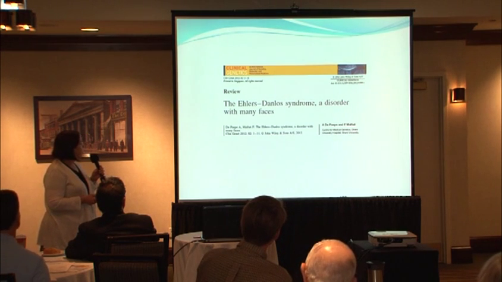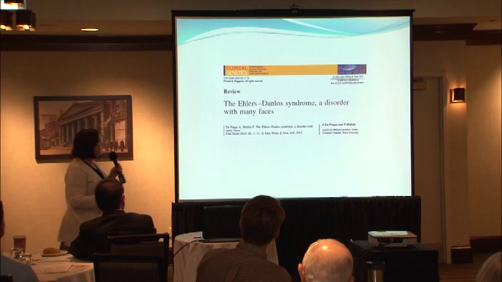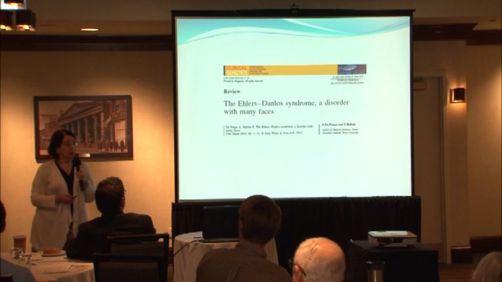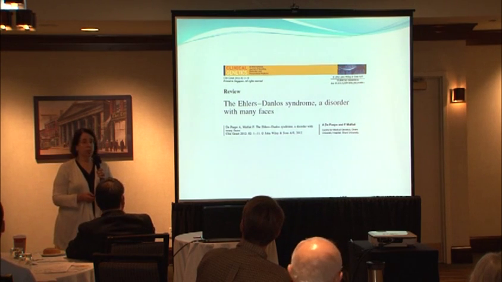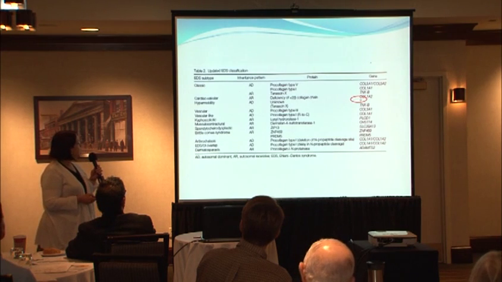Dr. Ann DePapp and her co-worker, Dr. Malfate, wrote an article recently, this was in Clinical Genetics in 2012, describing Ehlers-Danlos Syndrome. They called it a disorder with many faces. And in this excellent review, they gave another list.